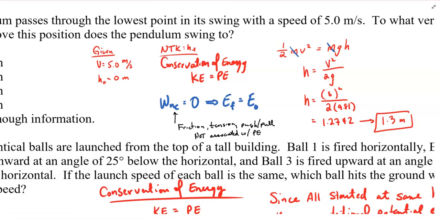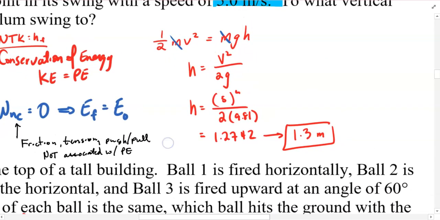If we consider the initial position, in this frame of reference, at the bottom of the pendulum, whose height is 0, we have a velocity of 5 meters per second, and we would like to know what height this object is going to swing to. Well, we have a lot of kinetic energy at the bottom of the pathway, and a lot of potential energy at the top. So those two are going to be equal. The initial energy must be equal to the final energy.